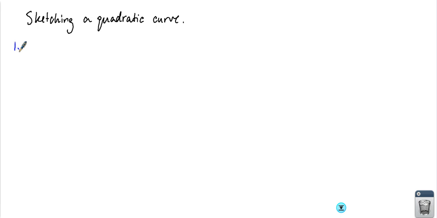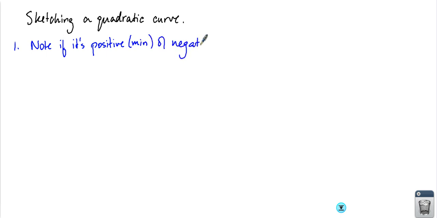Number one, you need to note if it's positive, minimum, or negative, maximum. This is the first thing which you need to note.